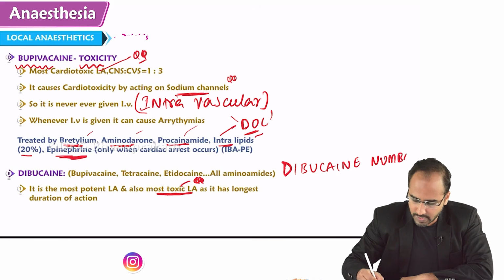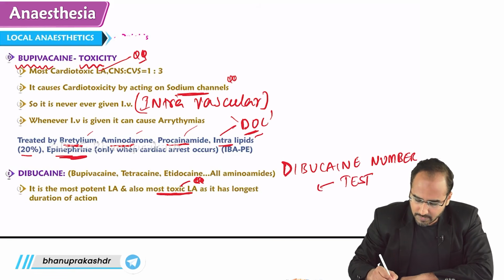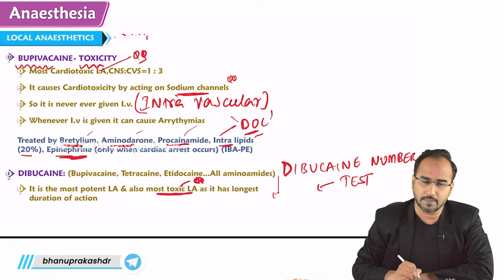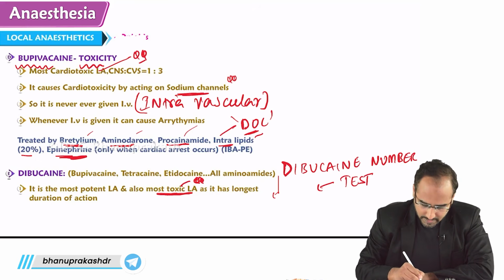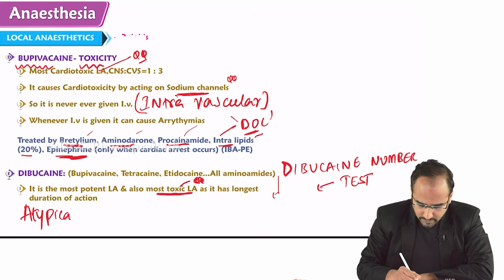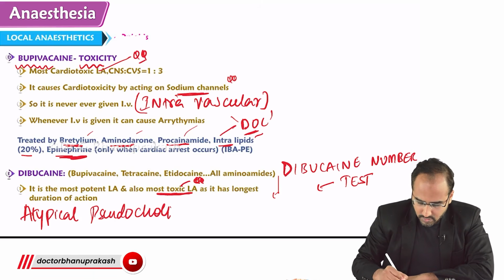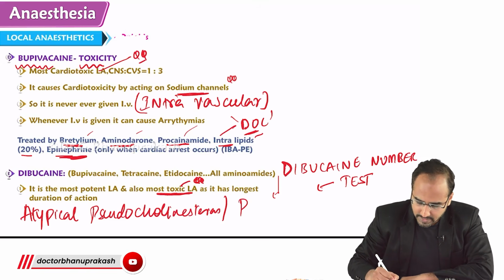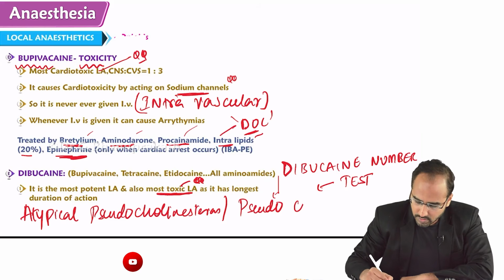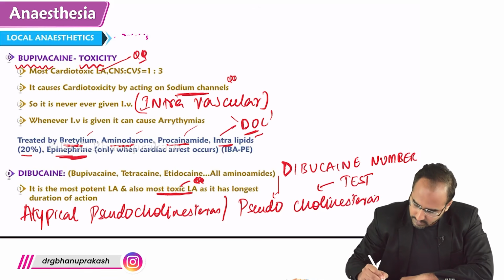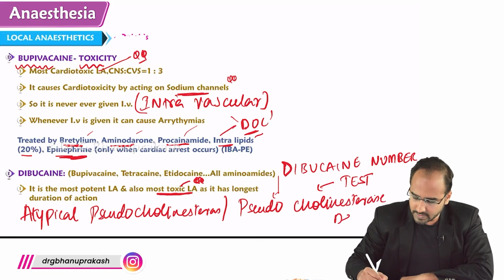Dibucaine is only used for the Dibucaine number test. And what does this Dibucaine number test depict? This Dibucaine number test detects the atypical pseudocholinesterase, or pseudocholinesterase deficiency.